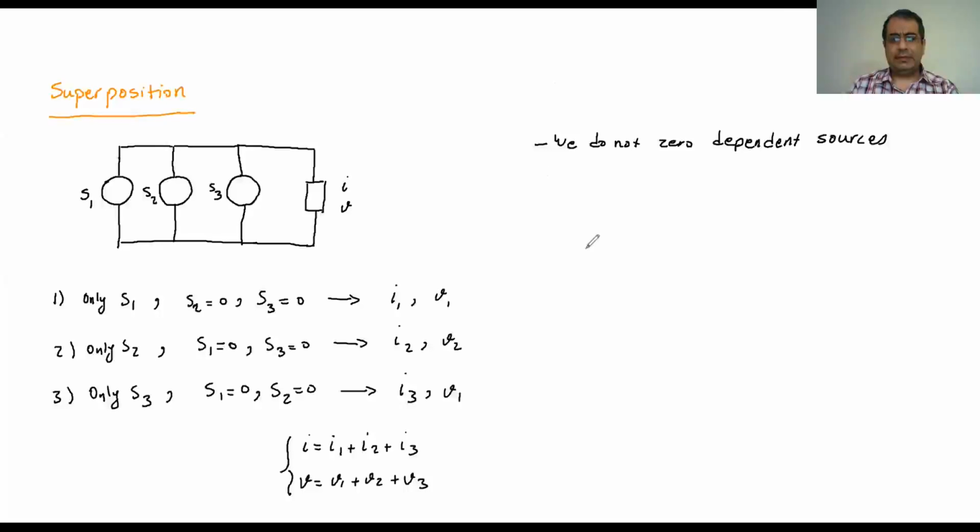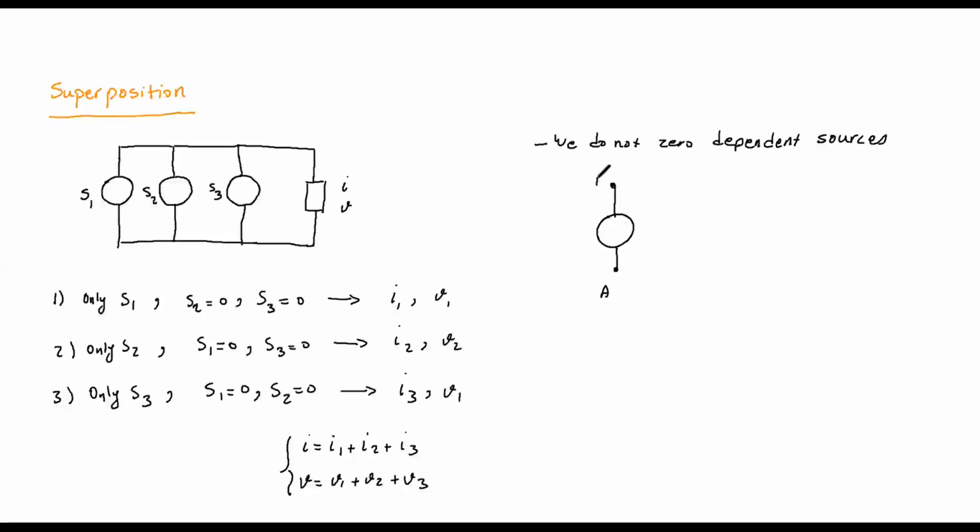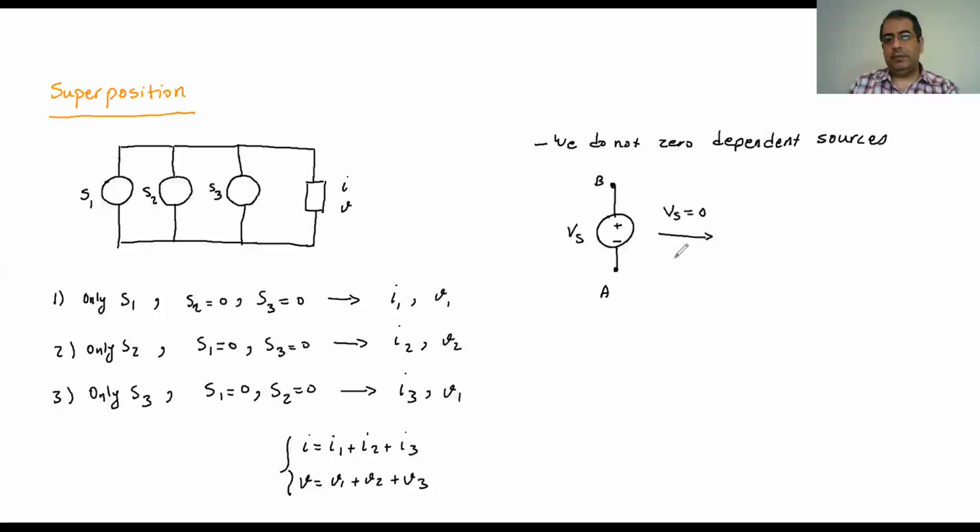Just as a reminder, when we have voltage sources, for example a voltage source Vs between A and B, if we want to zero the source, we say Vs is 0.